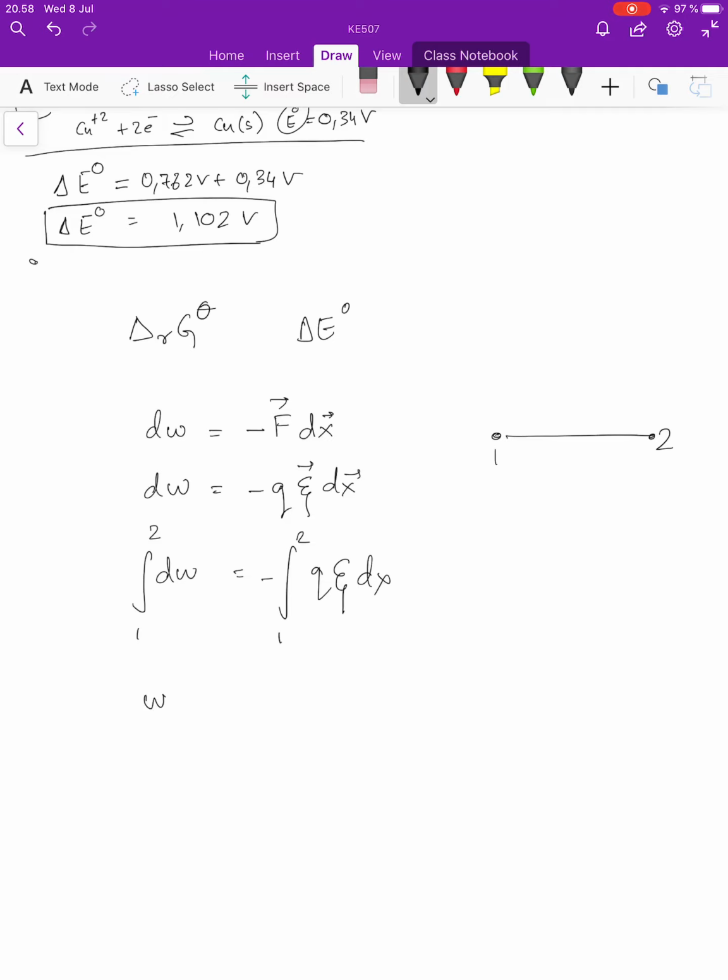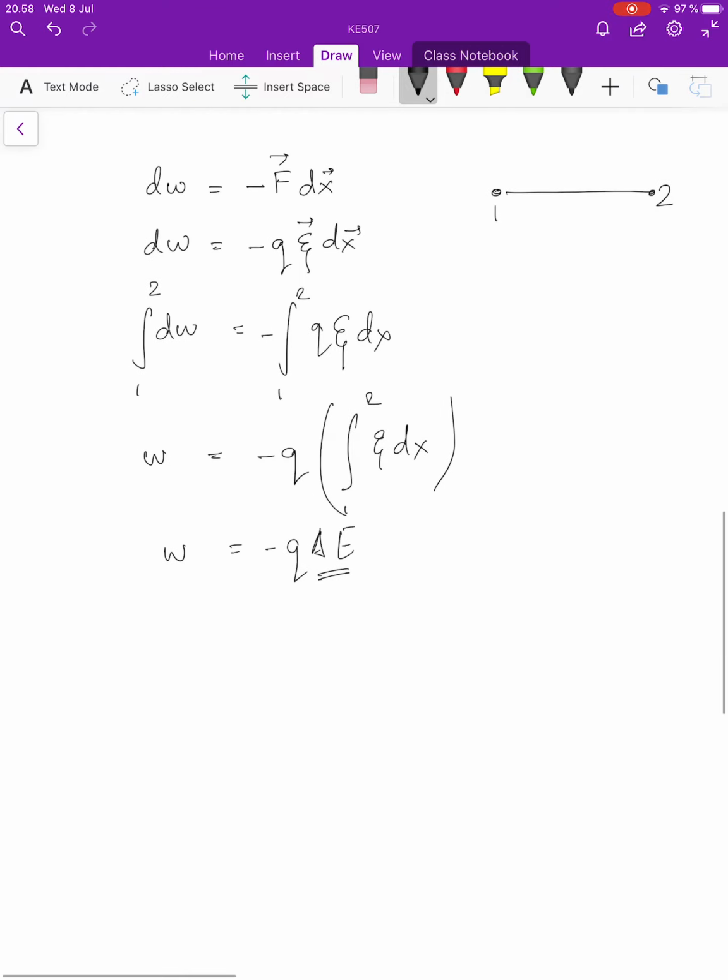And what you get is that the work done is equal to minus q multiplied by the integral of the electric field multiplied by dx, and this is nothing but the electrical potential difference between the 2 points. So this is the work done when you move a charge q across a potential difference delta E.